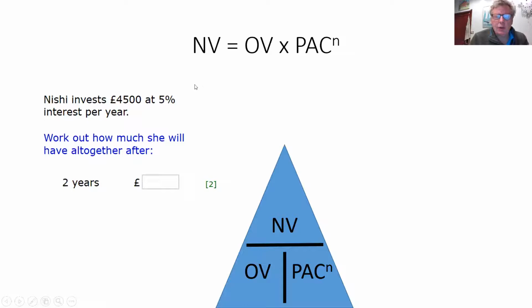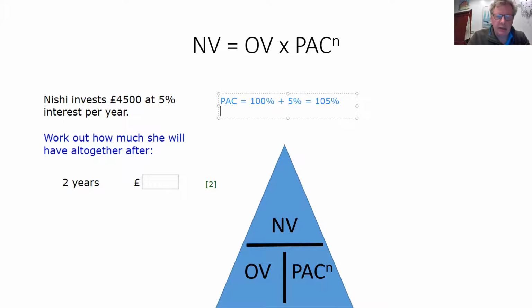Okay, so we want to look at this problem where we invest 4,500 at 5% interest. And how much money will we have in the bank after 2 years as we leave it there? So in this problem, the PAC is just going to be 100% plus 5%, which is 105%.